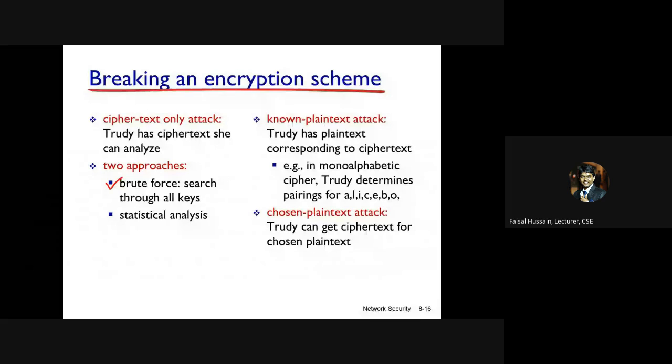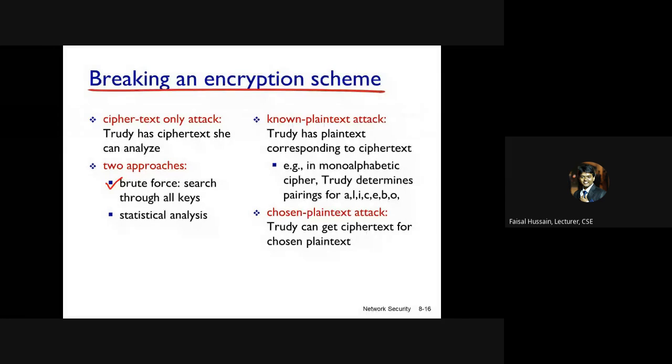The next one is the known plain text attack. Trudy has a plain text corresponding to a ciphertext. If Trudy has that, she can easily break it, because in the case of a monoalphabetic cipher, she directly finds the pairing for the letters in A L I C E and B O B, because the message says, Alice, I love you.